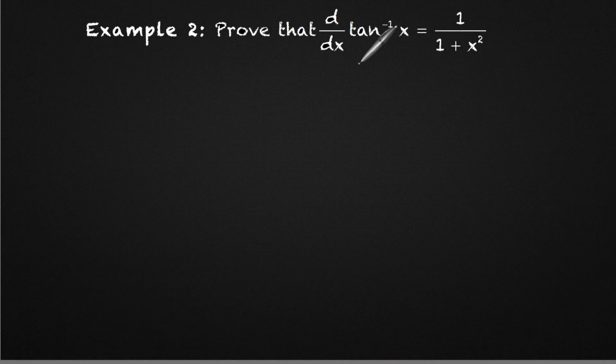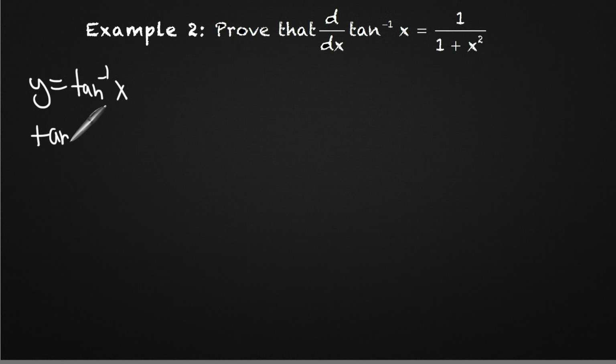Okay, here we want to prove that the derivative of the inverse tangent is 1 over 1 plus x squared. So we're going to use that same method. We're going to let y equal the inverse tangent of x, which is essentially the function we're trying to take the derivative of. So we are going to take the tangent of both sides. So tangent of y equals x.